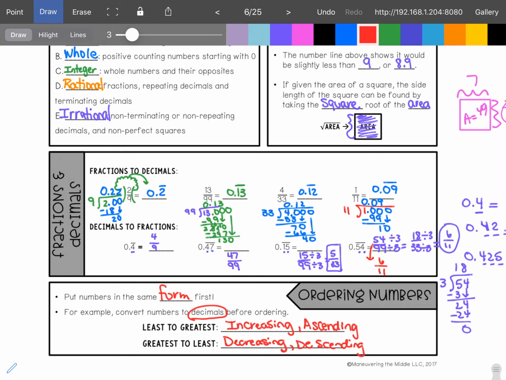There is a really cool app that would be worth your time. It is called the Numberline app. It's really, really cool if you happen to have a device. I believe it's free, and it's really neat. It helps you put numbers in order.